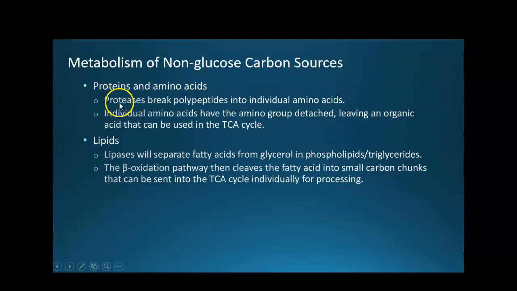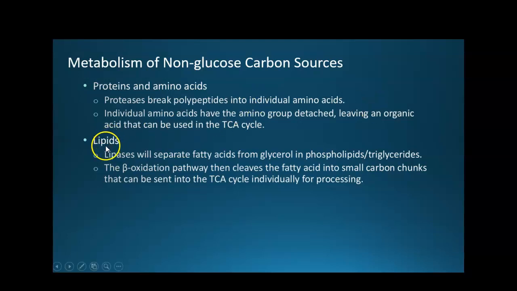Proteases are enzymes that break down proteins. If you break those up, you can get your individual amino acids. Then you just have to do a little bit of manipulation. If you remove the amino group, which contains the nitrogen, that gives you an organic acid. It's actually called a carboxylic acid, and those carboxylic acids can be used in the TCA cycle. So proteins can even be metabolized for sources of energy as well as metabolic precursors.